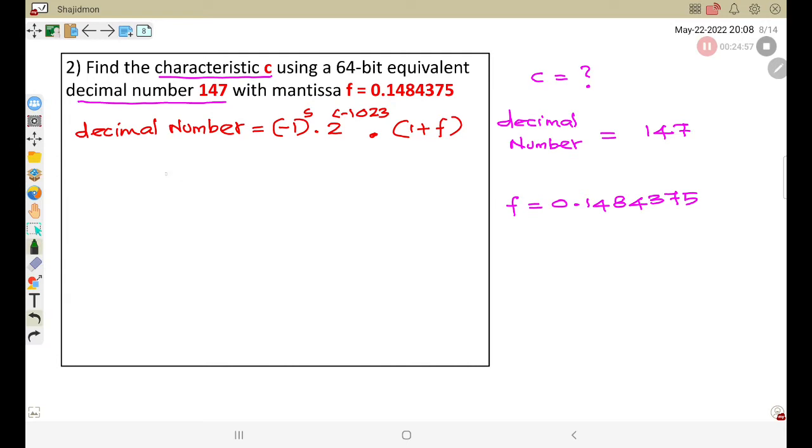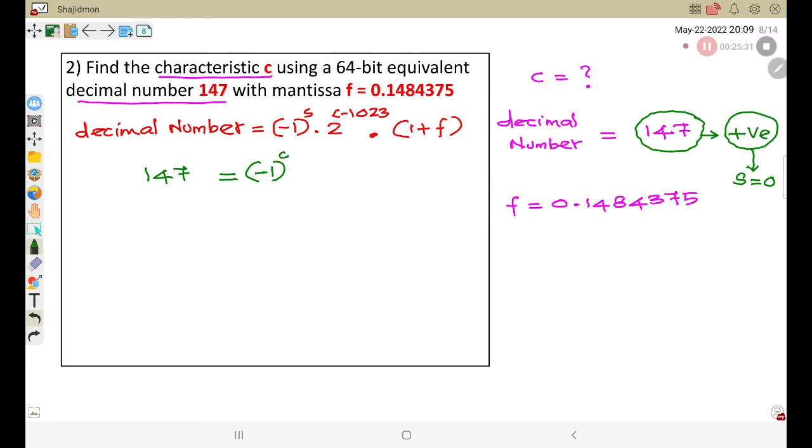The decimal number is already given, 147. What will be the s here? S is not given, but we can work it out. S is the sign indicator, correct? The decimal number is 147, which means the number is positive. Positive means the s value equals 0, correct? So it is not stated in the question, but you need to identify the s number.